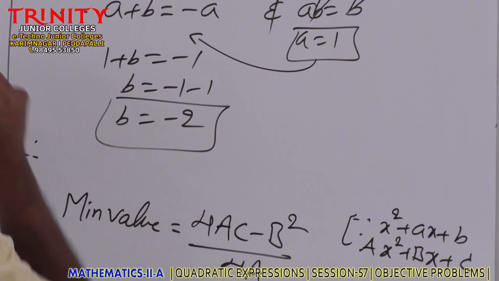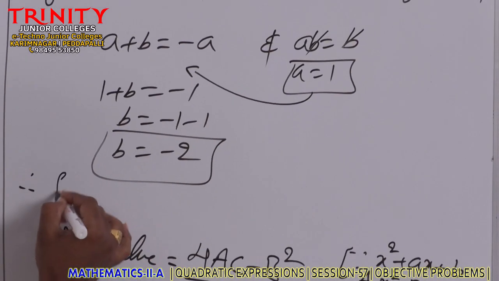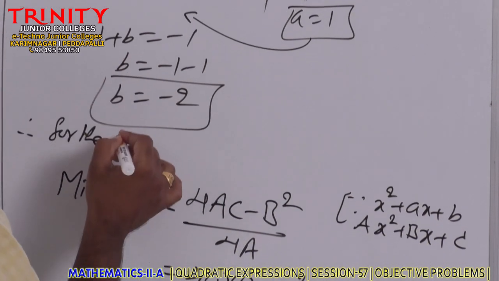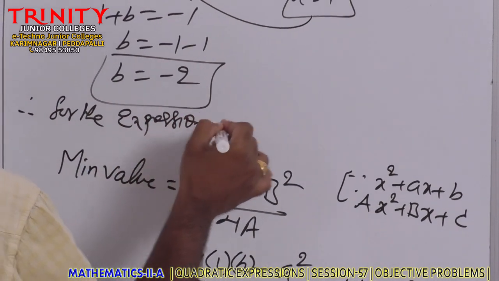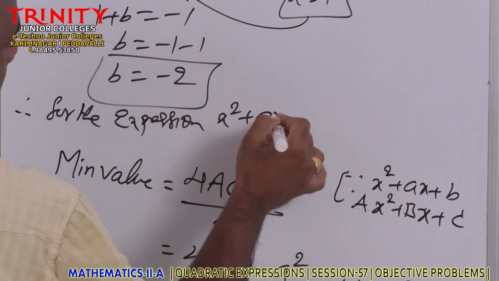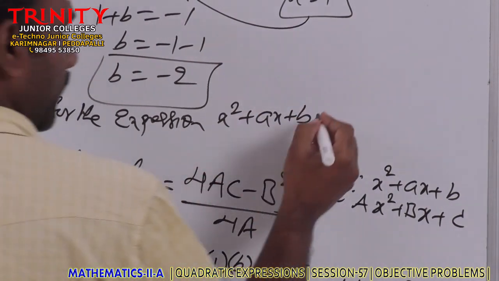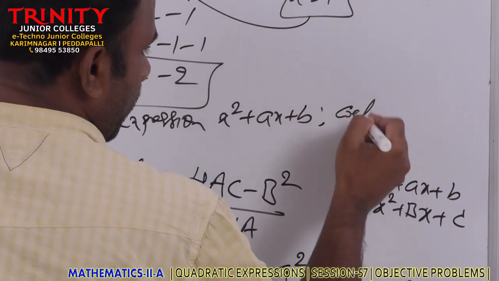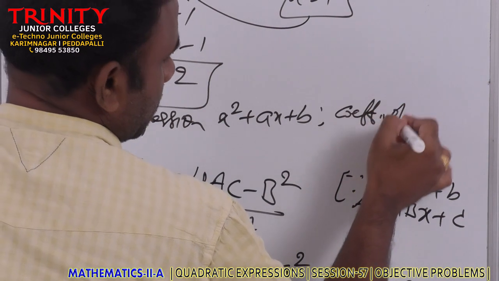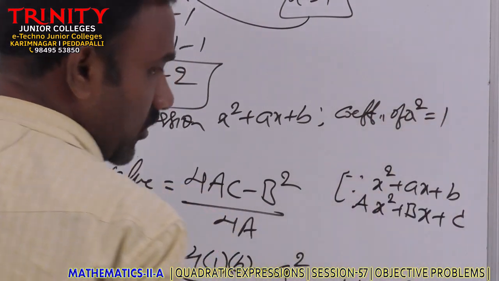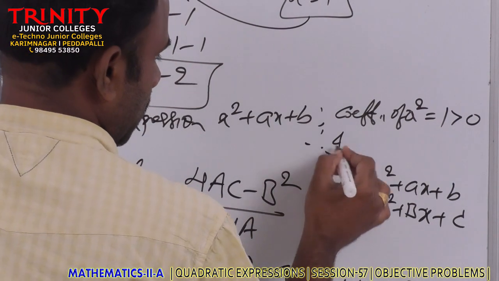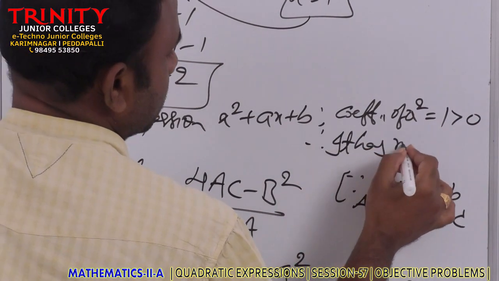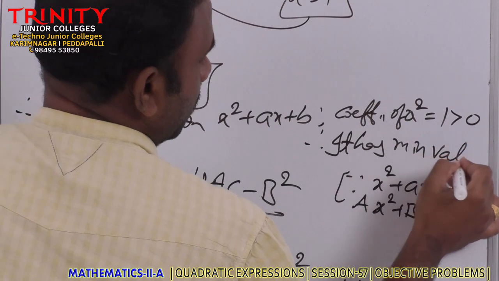Therefore, for the expression x square plus ax plus b, coefficient of x square is equal to 1, which is greater than 0, therefore it has a minimum value.